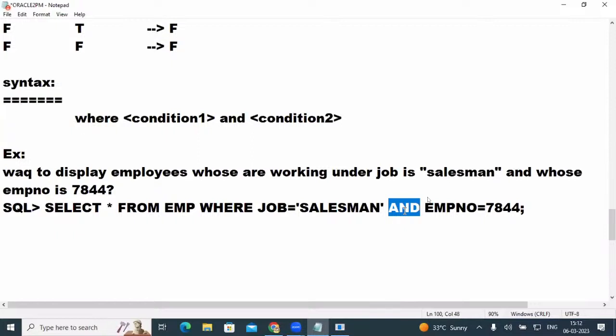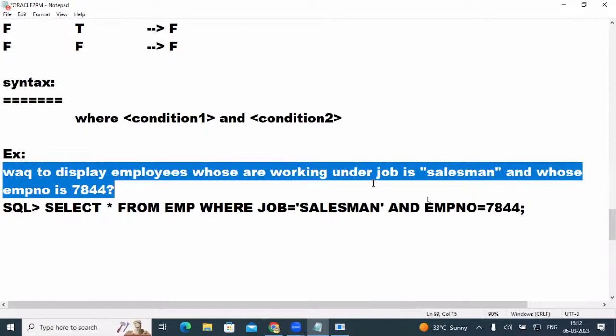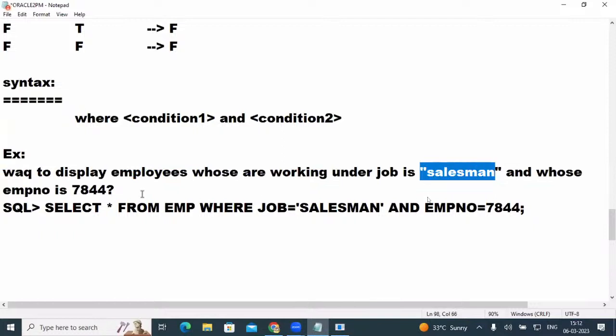Only one small hint here, observe. In your condition, that means in your query, whatever the conditional values were given by someone, your client or someone. So these conditional values, these two values, observe carefully, or three values or four values, whatever it was.